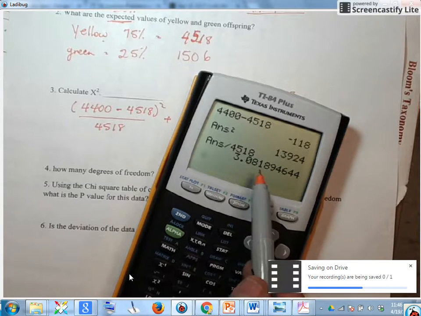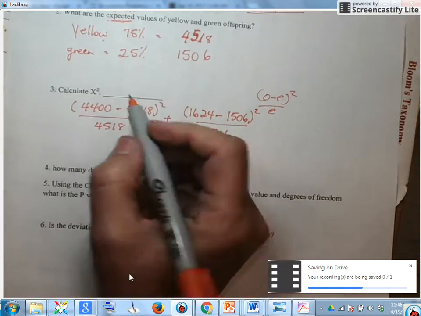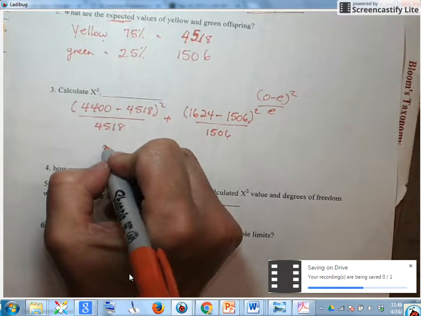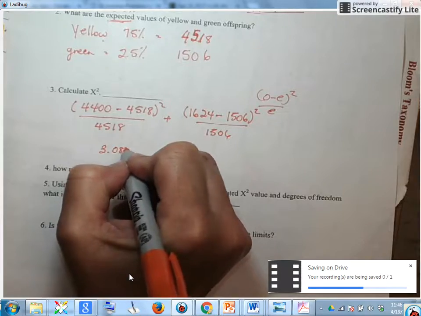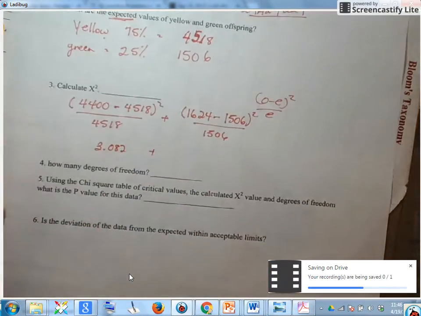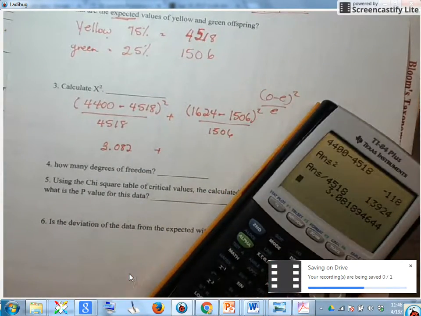I'm going to go ahead and round that to 3.082. So this is 3.082 plus this value here: 1,624 minus 1,506 equals, square that, divided by 1,506.